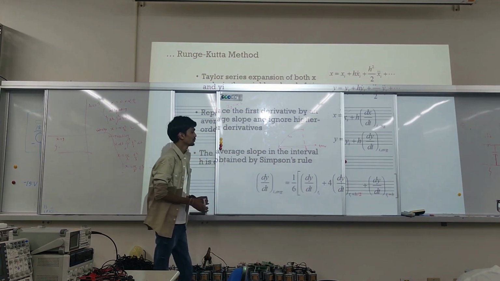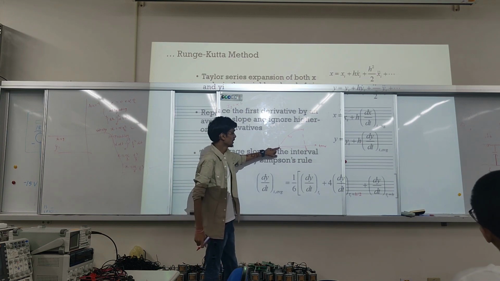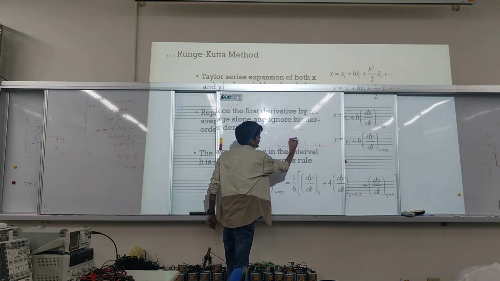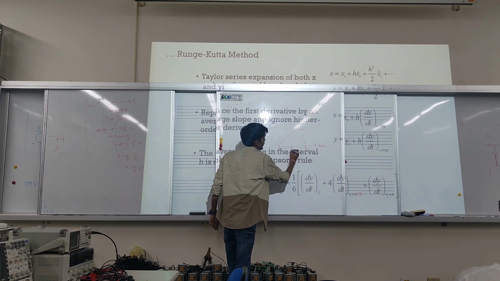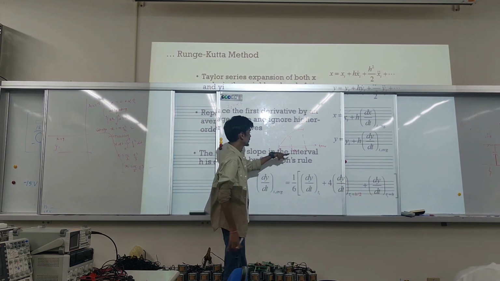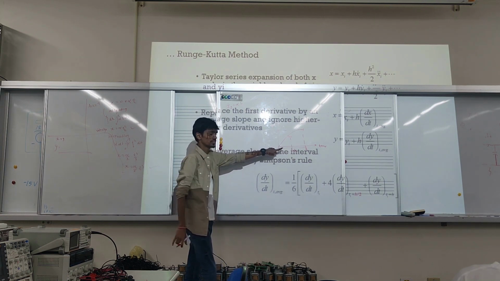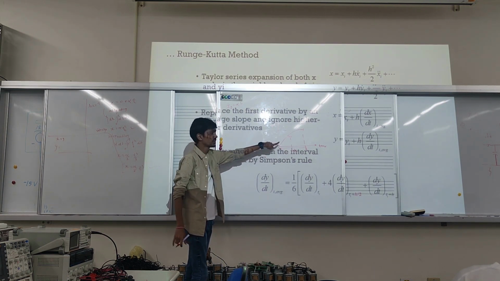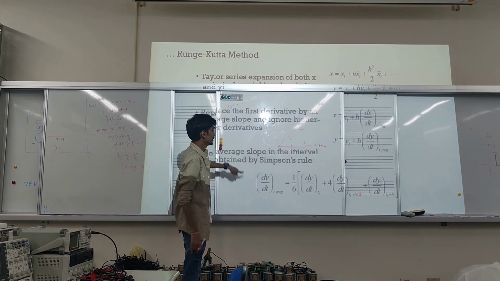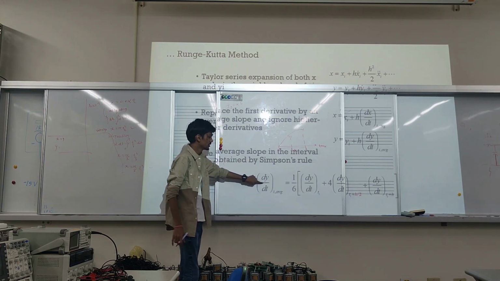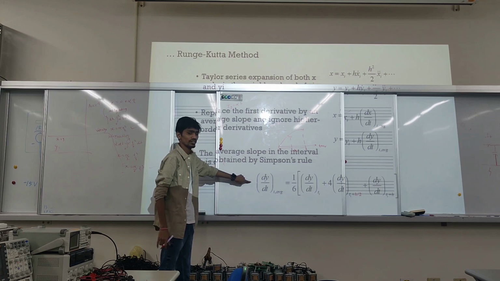So here, first at the ti term, then ti plus h by 2, and then ti plus h. This is the time at which we are going to find all three points, to find this average slope. That average slope is what? This is our acceleration.